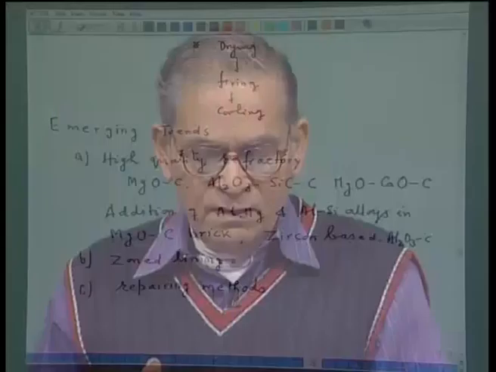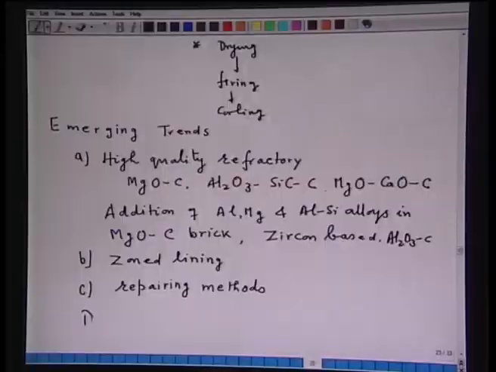Slag splashing, some part we have seen in the BOF lecture, slag coating, hot patching, gunning, and here flame gunning has been developed, and flame gunning involves melting and spraying on hot surface. And the last portion which I could get is the monolithic refractory.